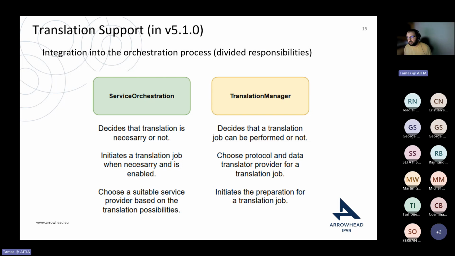The orchestration process will integrate this translation bridge building, so to say. So the orchestration will be able to decide whether the translation is necessary or not.